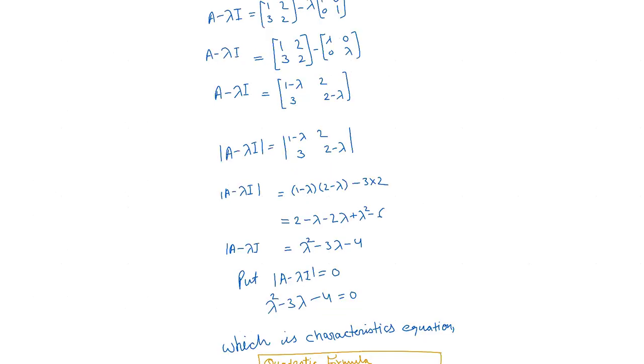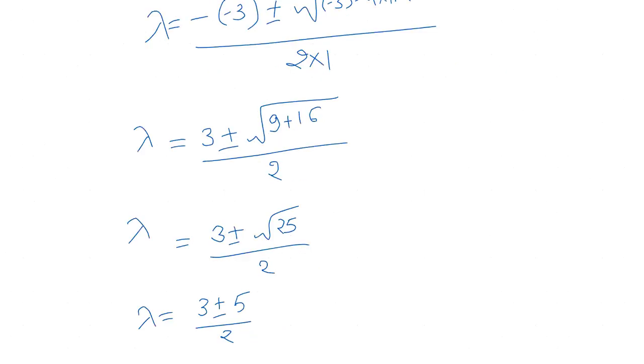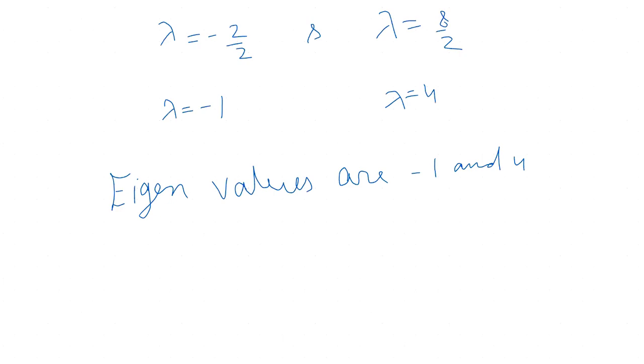To find eigenvectors, we do not need the determinant, we need the matrix. Take this as 1, because we need it again. So there's no need to find it again and again. We can give reference of that.